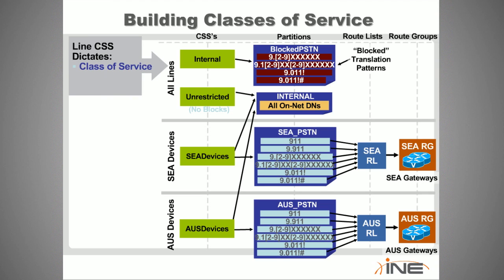Here the line calling search space dictates class of service or class of restriction. Here we've got two CSSs or class of restrictions pictured, internal and unrestricted. For internal, we're blocking local calls, long distance, and international. Unrestricted is simply something that points to the internal DN.